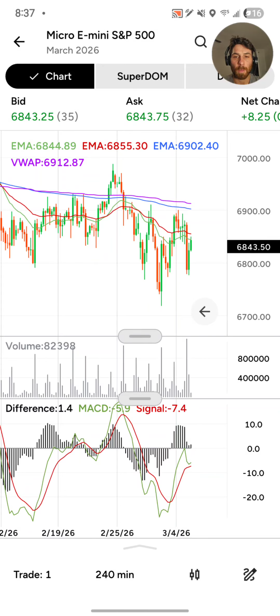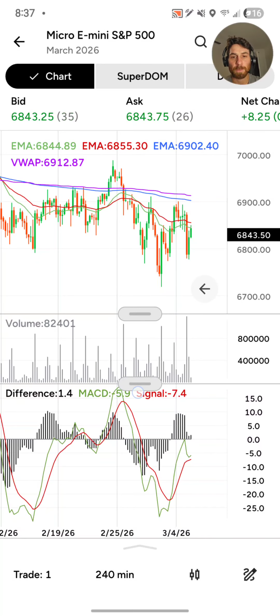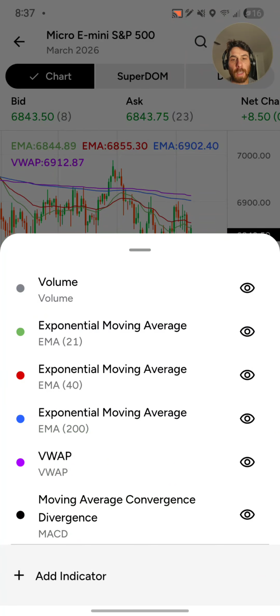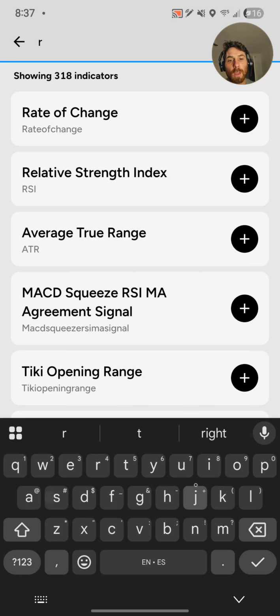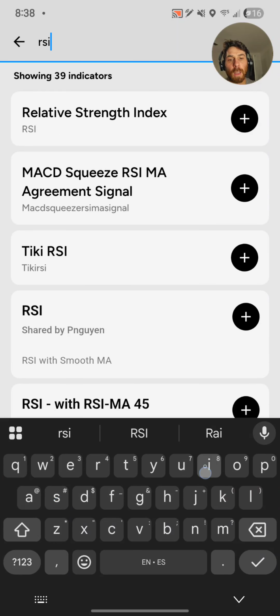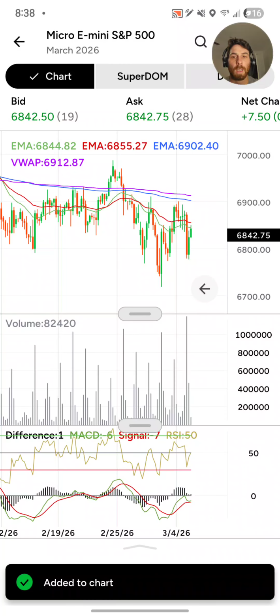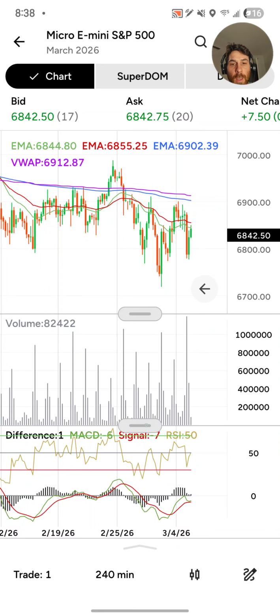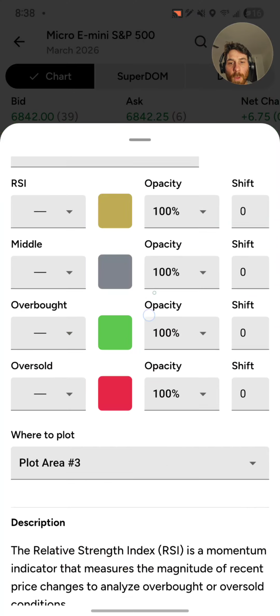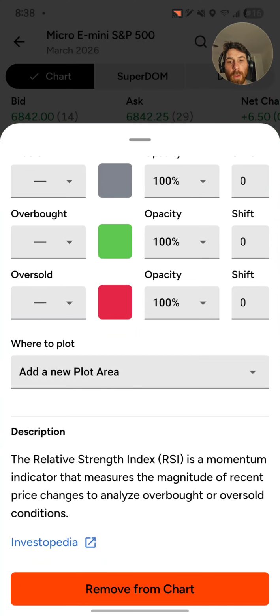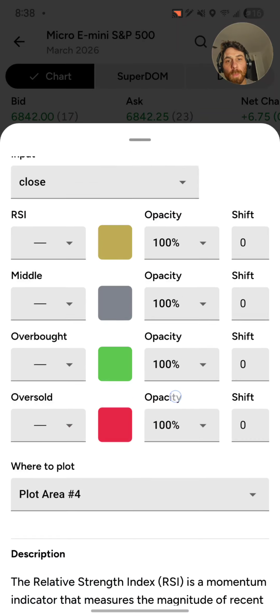And so, moving on to the next one, I usually like to add, and these two are very important, the RSI, Relative Strength Index. And we will add this into a new chart, plot area number 4.